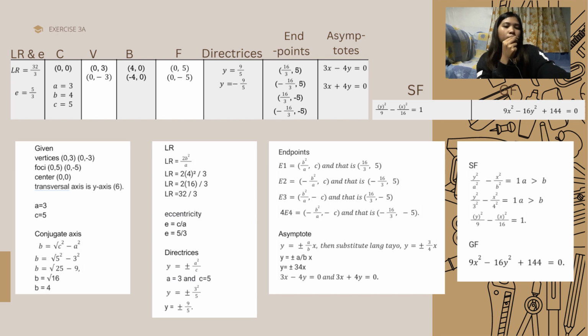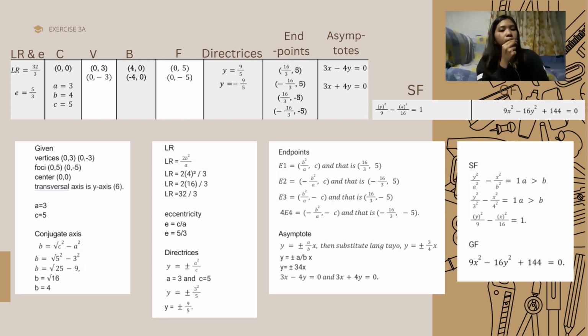So, once we substitute yung value ng a natin, which is yung 3, and yung value ng c natin, which is yung 5, we can come up to an answer na y is equals to positive negative 3 squared over 5. So, therefore, yung answer natin for our directrices is equals to positive negative 9 over 5.